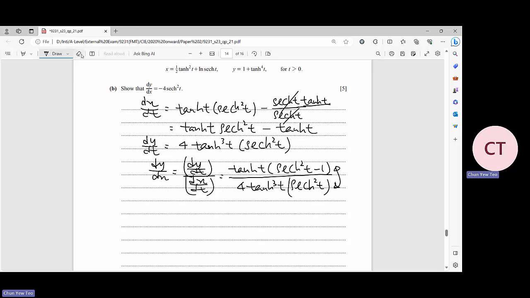For dy/dx, I reversed the order. I'm supposed to write the denominator and numerator upside down. I swapped the positions wrongly.